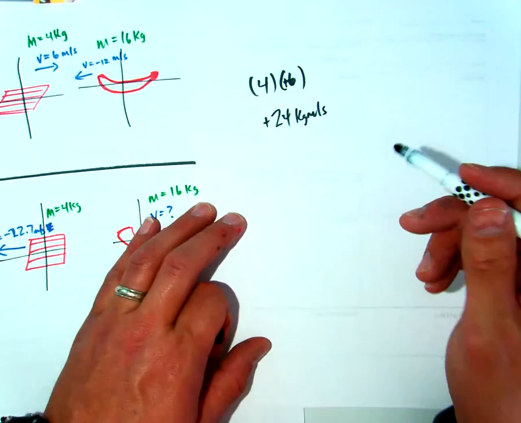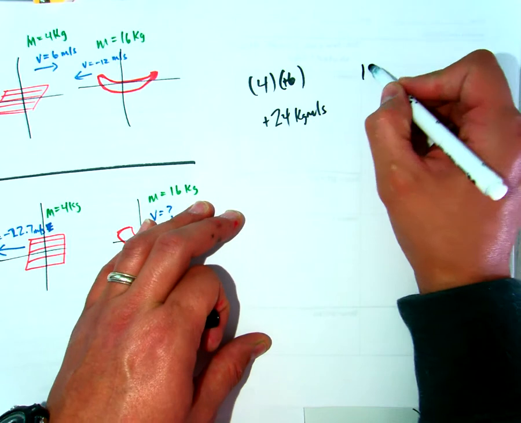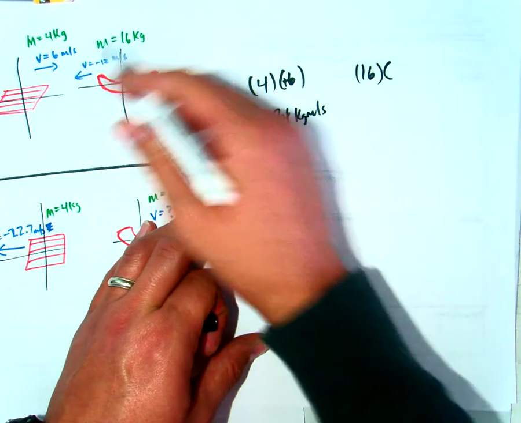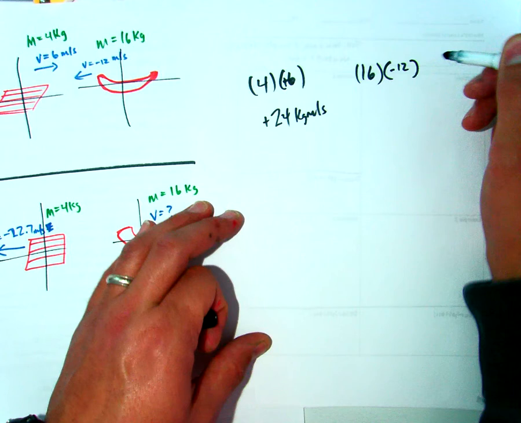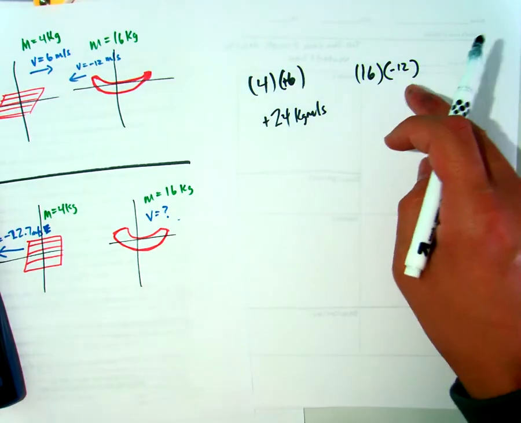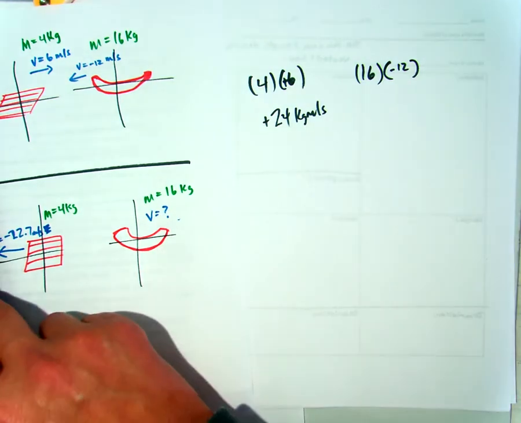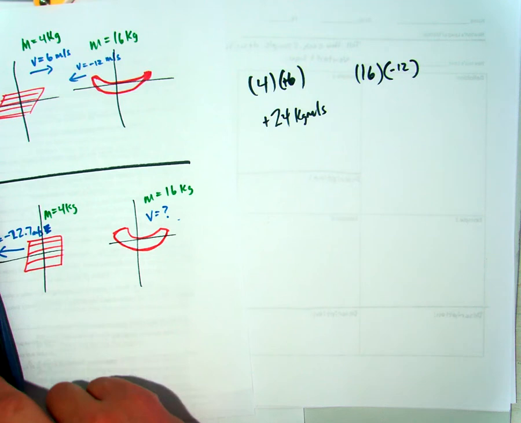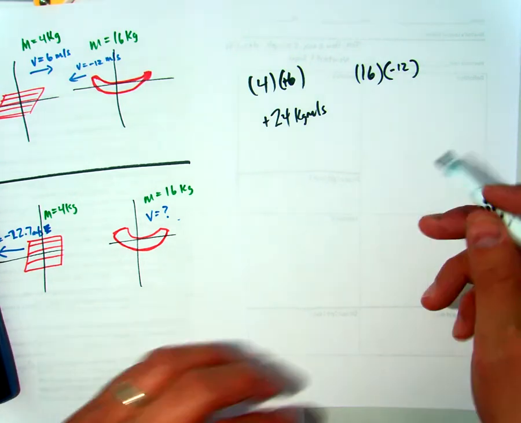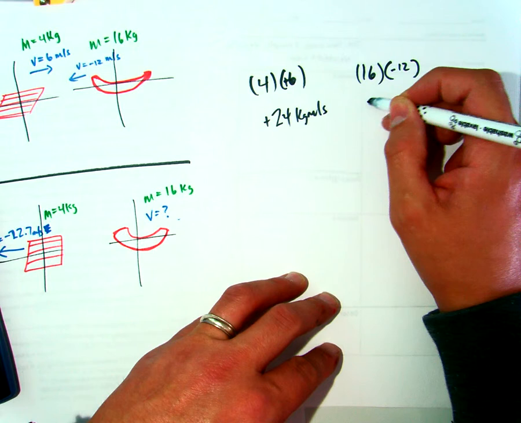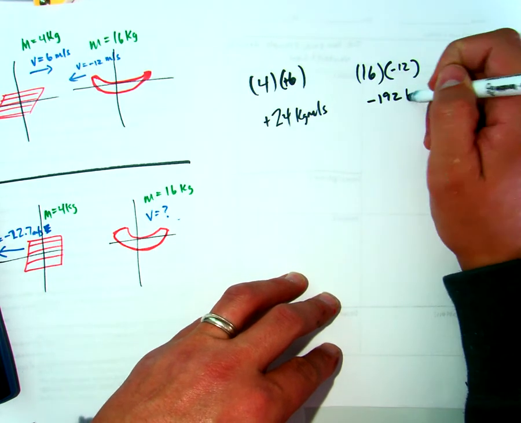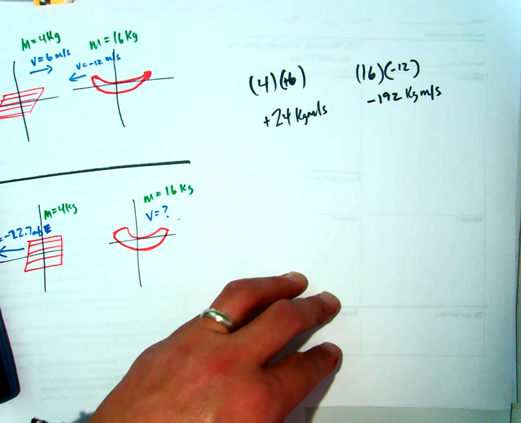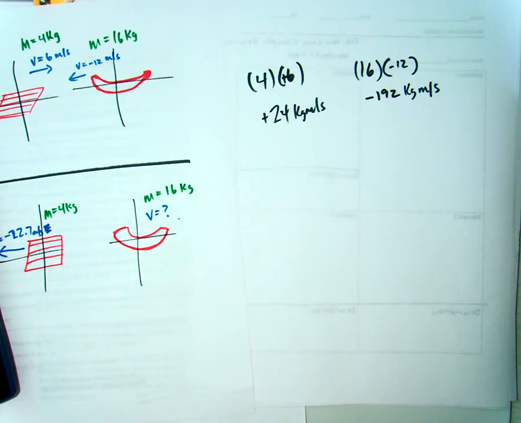Now I want to solve for the momentum of this one, which is the 16 kilograms. And then I have a negative 12 as the velocity. And again, that's just telling me that I have motion to the left. So 16 times negative 12 gives me minus 192 kilogram meters per second.